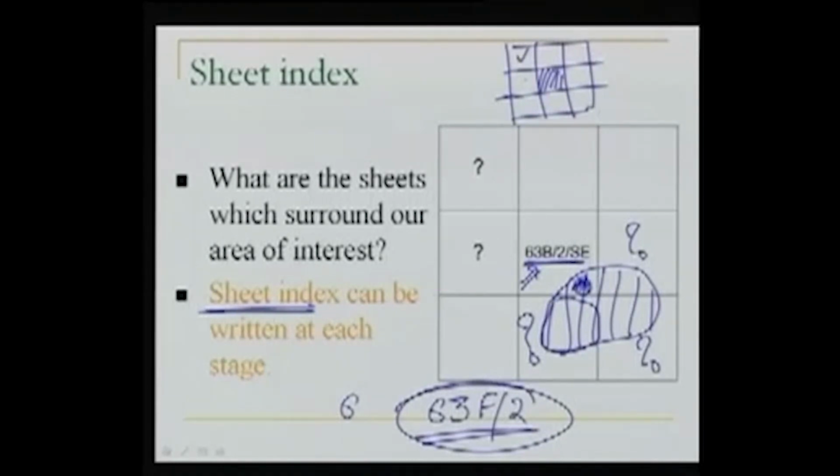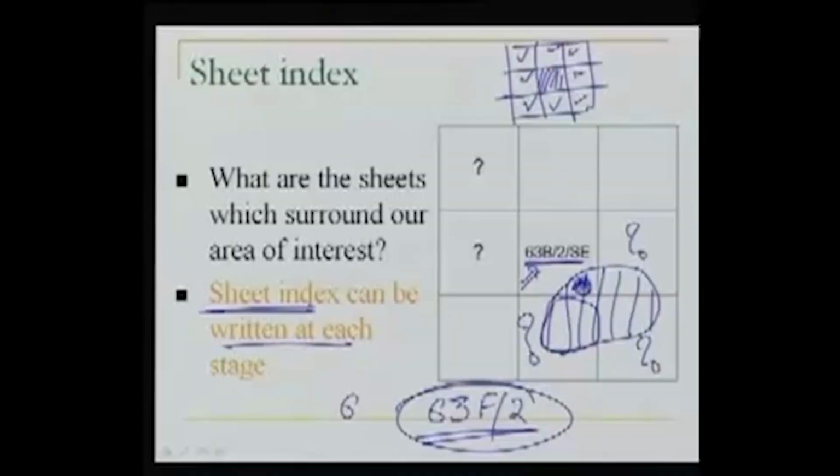What is the sheet number here? And here? And all that. Can we determine that? This is important. We need that many times. So there should be a system, there should be a way of doing it. We'll do it again for the same example, IIT Kanpur.